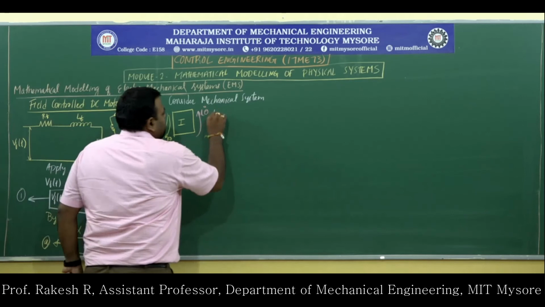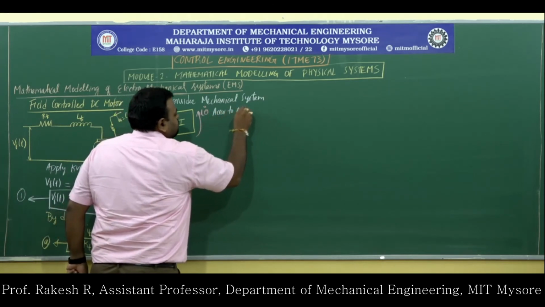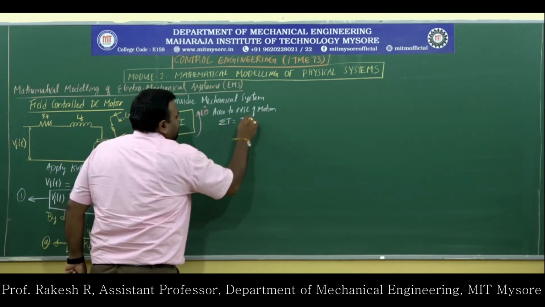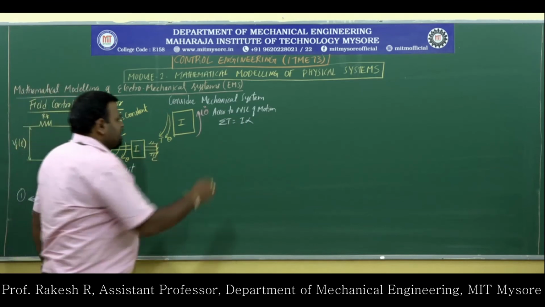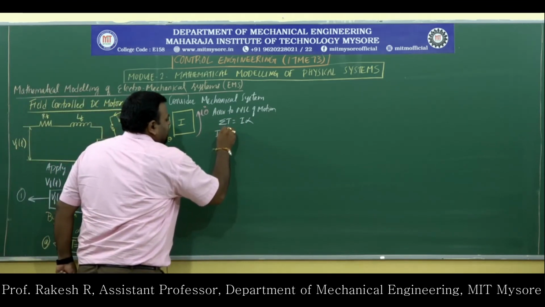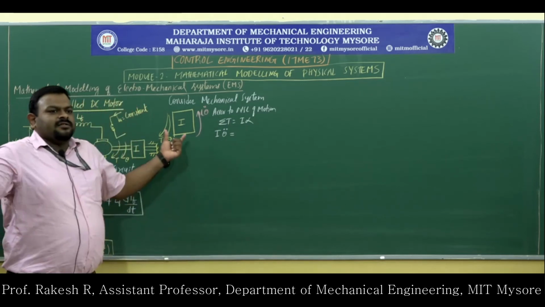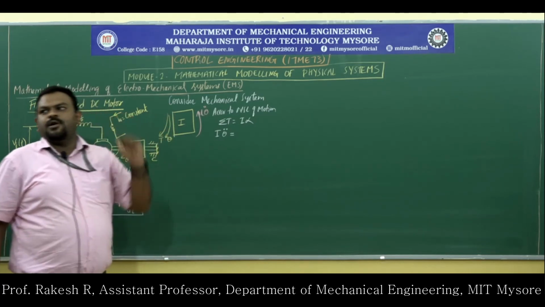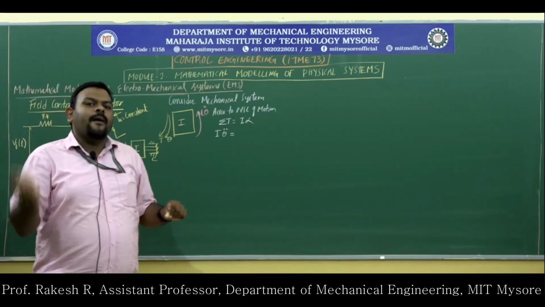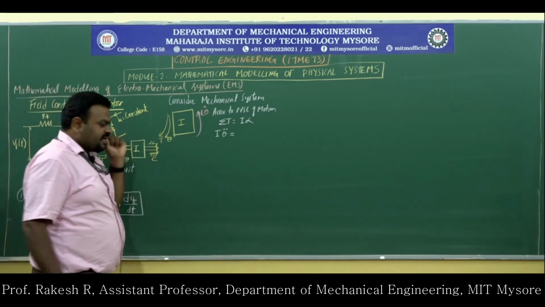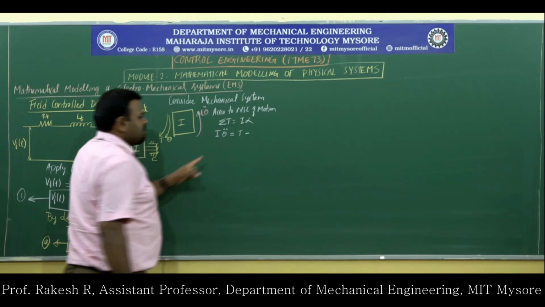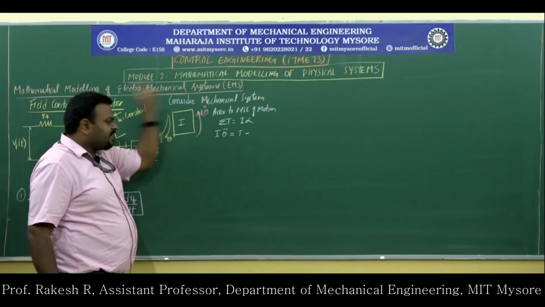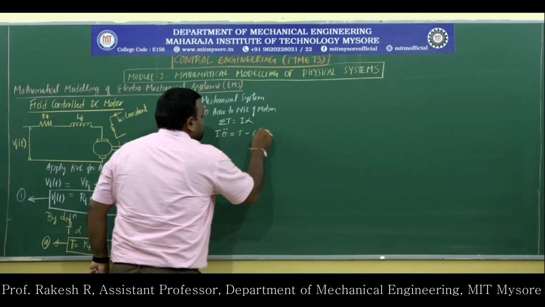So if I apply Newton's second law of motion, summation of torque will be equal to I into alpha. I theta double dot will be equal to the torques which are acting in the direction of theta, taken as positive. The torques which are acting opposite to the direction of theta will be taken as negative. So the torque T will be acting in the direction of theta, hence it is positive. C theta dot will be acting opposite to the direction of theta, hence it is negative.